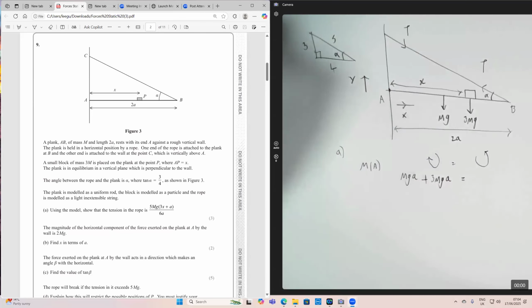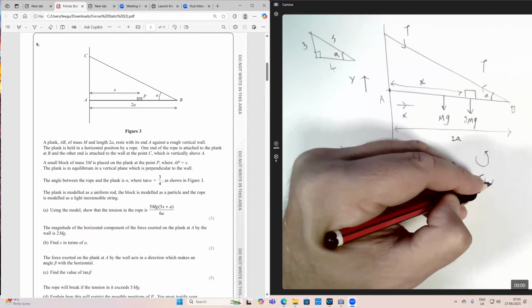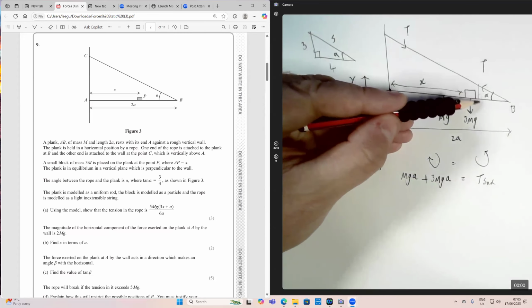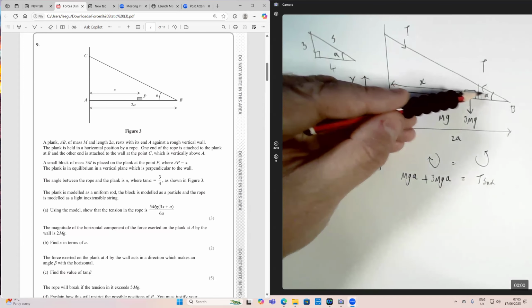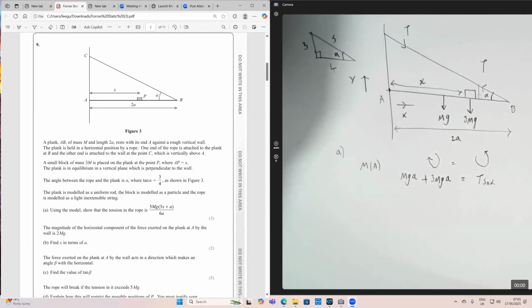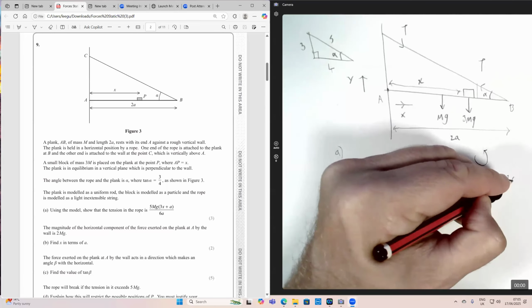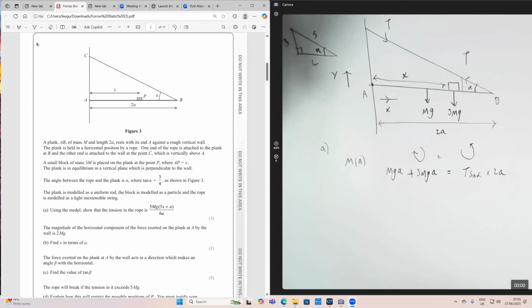And that all equals the anticlockwise turning moment, which is going to be T sine alpha. Now it's sine alpha because the vertical component is the opposite. So that's going to be T sine alpha times the distance, which is going to be 2a. So that's our clockwise moments and our anti-clockwise moments.